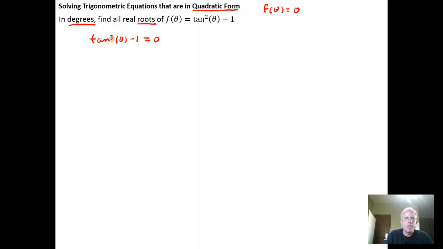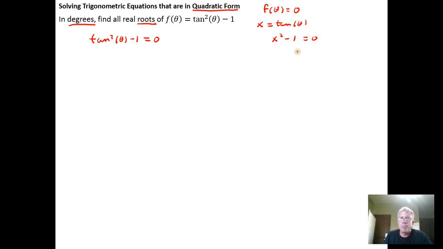This looks like a quadratic equation in the sense that if we make the substitution x equals tangent of theta, so we replace tan theta with x, we would get x squared instead of tan squared, minus 1 equals 0. And then we could ask the question, if I had a quadratic equation, what could I do to solve this? There's a couple good methods for this particular one.